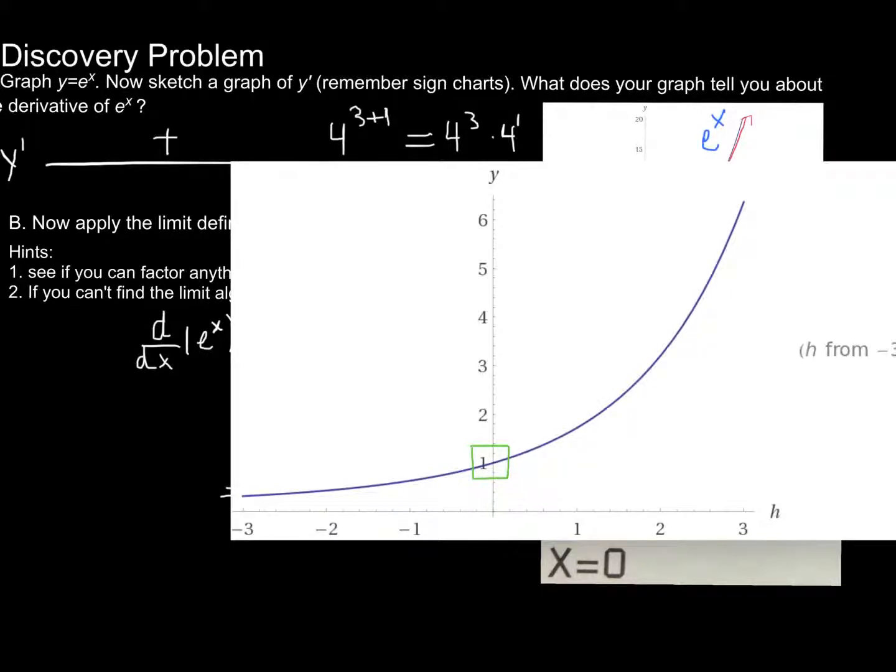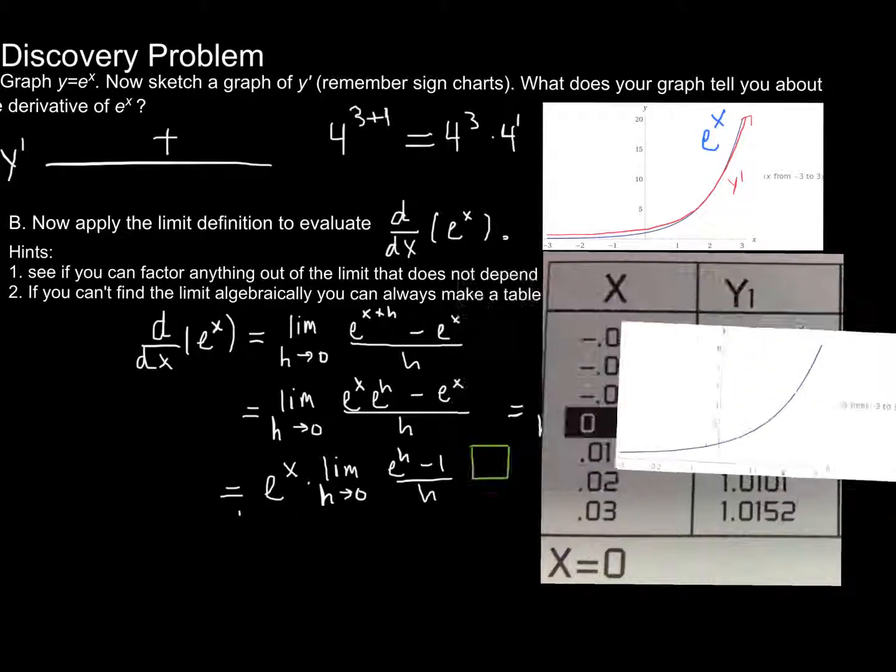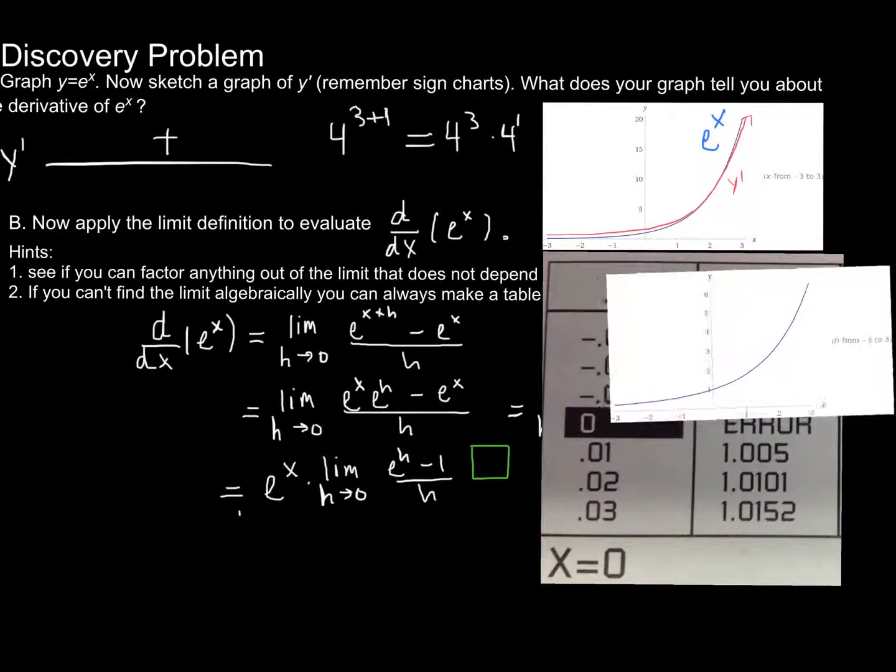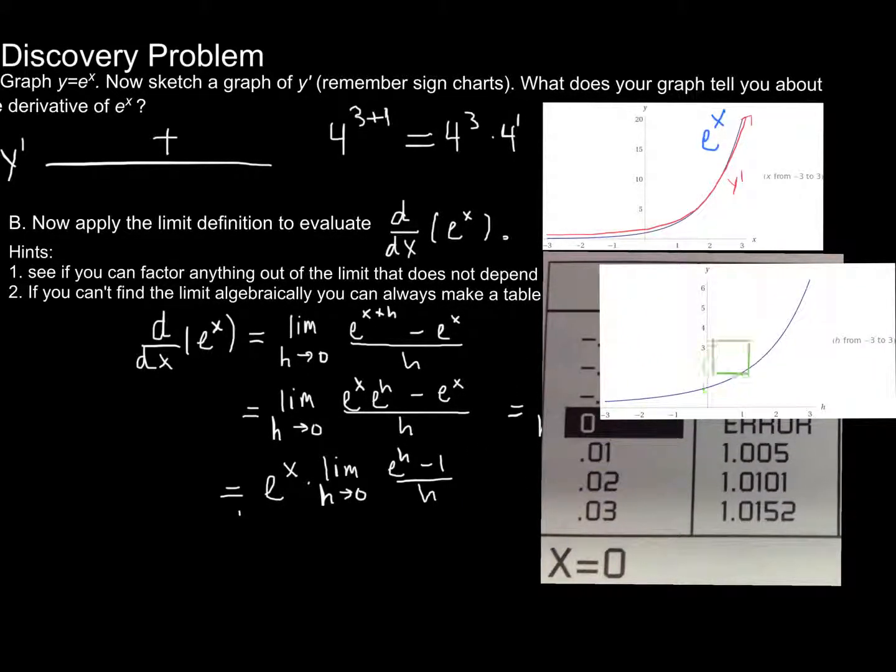And this is a pretty big result, because with this result, what I am finding is that this limit here is equal to 1. And so the value of my derivative is e to the x times 1, which of course is just e to the x.